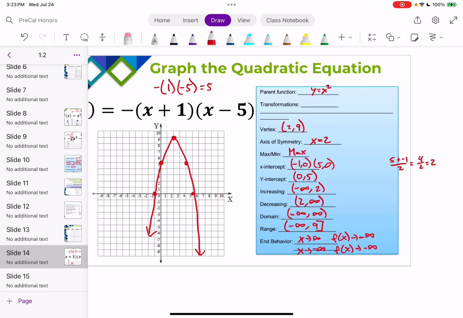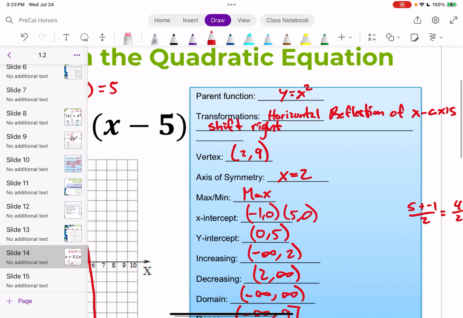This would be a horizontal reflection of the x-axis, a shift right by 2 units, and a shift up by 9 units.